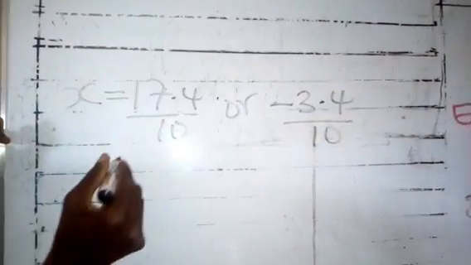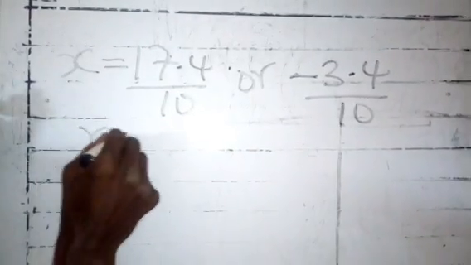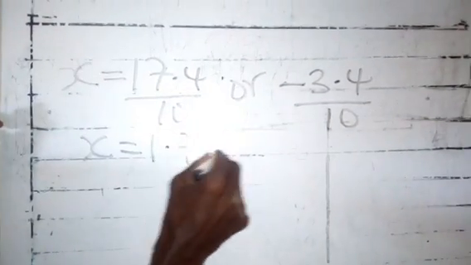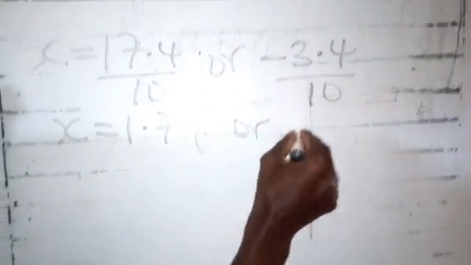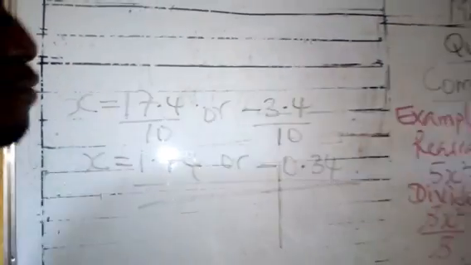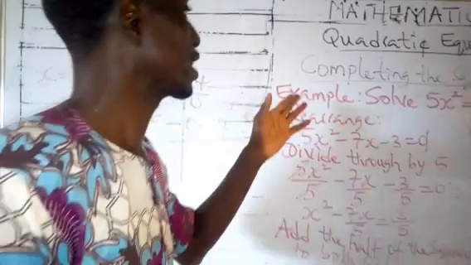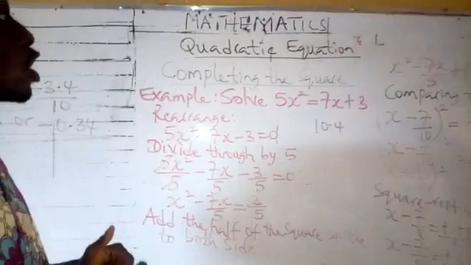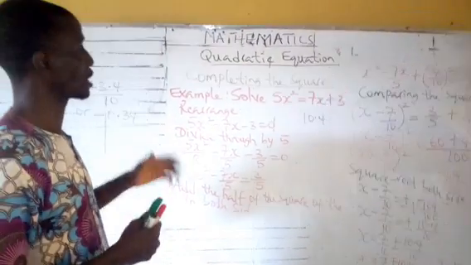Now 17.4 divided by 10, x is going to be 1.74 or minus 0.34. Viewers at home, I believe we have been able to make the concept of quadratic equation more understandable.